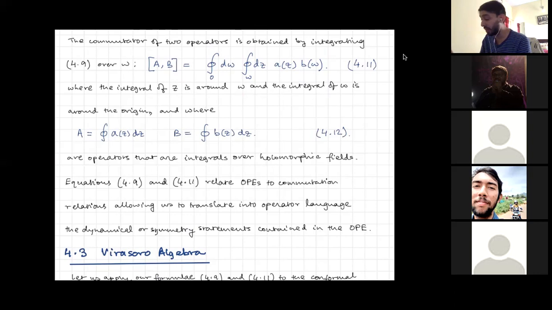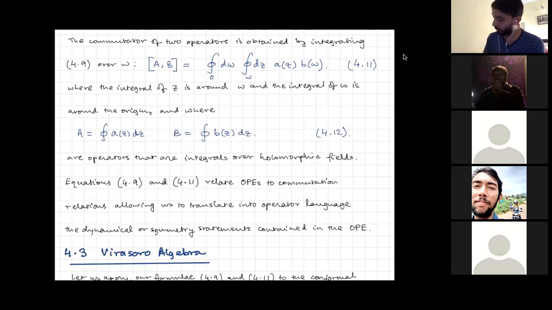These two equations, 4.11 and the previous one, 4.9, relate these OPEs to these brackets that we have defined, and this allows us to translate from the OPE language to the operator language. So now we can translate into operator language the dynamical or symmetry statements that are contained in the OPE.